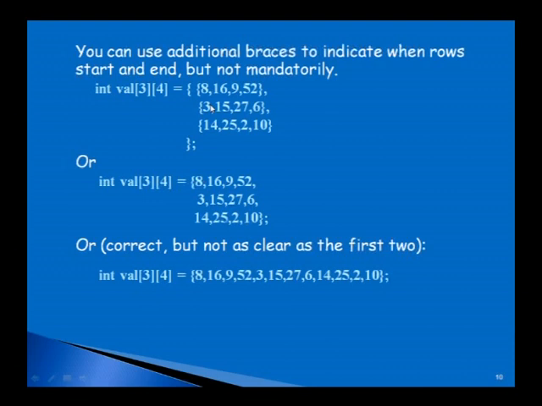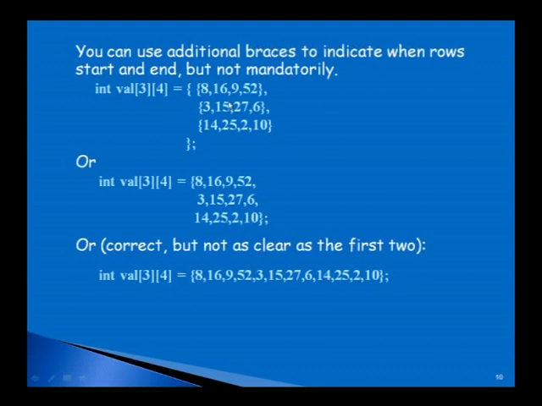As you see, int val[3][4], that is, you have a 3 rows and 4 columns array called val, wherein I am giving the values 8, 16, 9, 52, that is 4 columns, and this is the first row, and this happens to be the second row again with 4 values, and this is the third row again with 4 values.